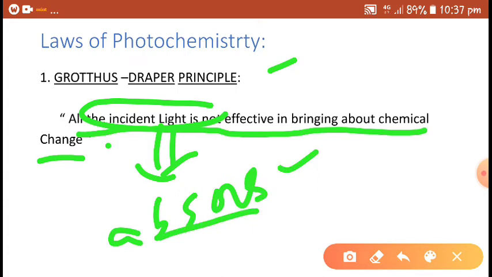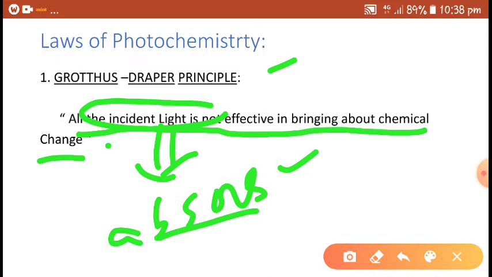The Grotthus-Draper law says that all the incident light is not effective in bringing about the chemical change. When light falls on an object, a part of it is reflected, a part of it is transmitted, and the rest is absorbed. It is only the light absorbed by the reacting system which is effective in bringing about a chemical change.